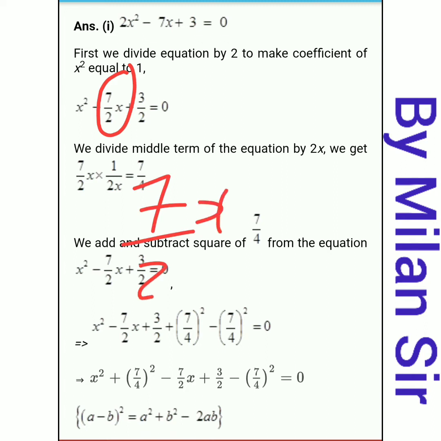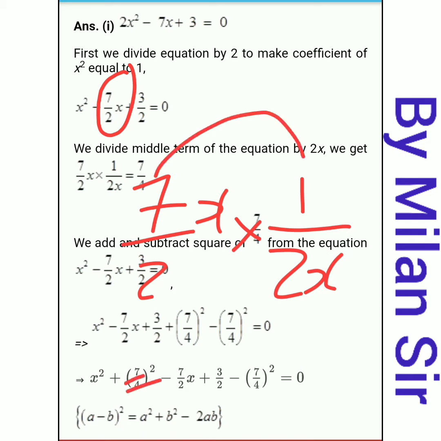We need to divide our middle term by 2x. Finally 7 ones are 7, x cuts, so we do not need to write x. In the numerator 7 ones are 7 and in the denominator 2 twos are 4. So what we get here is 7 by 4.